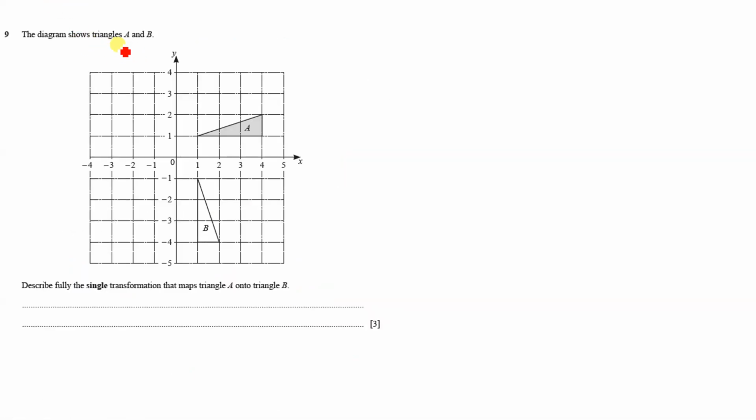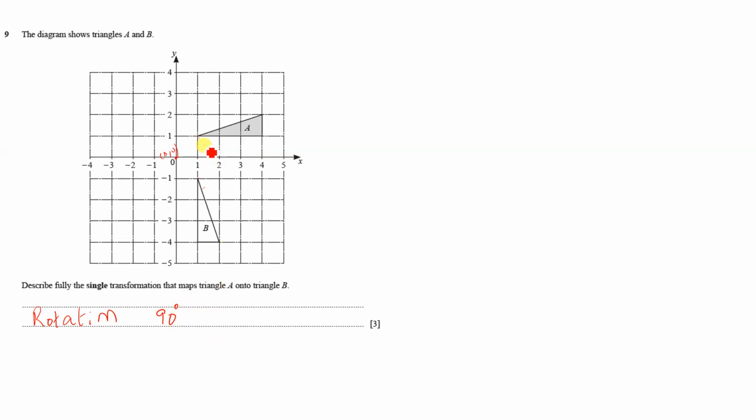Question number 9. The diagram shows triangles A and B. Describe fully the single transformation that maps triangle A onto triangle B. So you can see, if we take the center O, the origin (0, 0), and we rotate this point about the center, similarly, we rotate this point about the center, we can map this triangle onto triangle B. So this is a rotation with the angle 90 degrees.